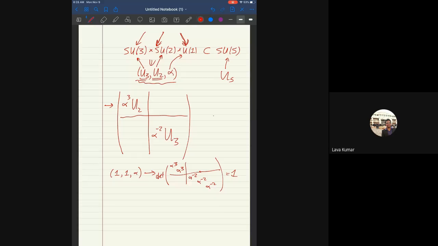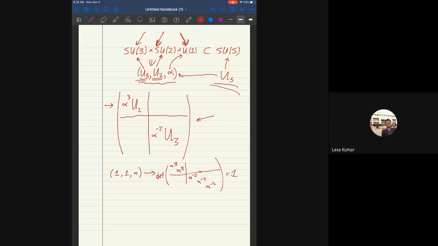Okay, if that was a little bit fast, hopefully if you think about it, you'll see that this is how you should embed the standard model gauge group into SU5. All the other options available to you are essentially equivalent to this. So now we know how an element U5 restricts to an element of the standard model gauge group.